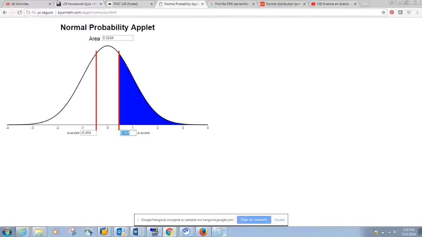It's everyone who got below, the bottom 35% of scores, pretty much, including 35. Yeah, it's 35 and below.